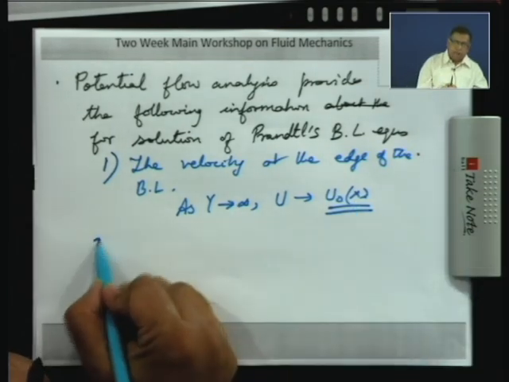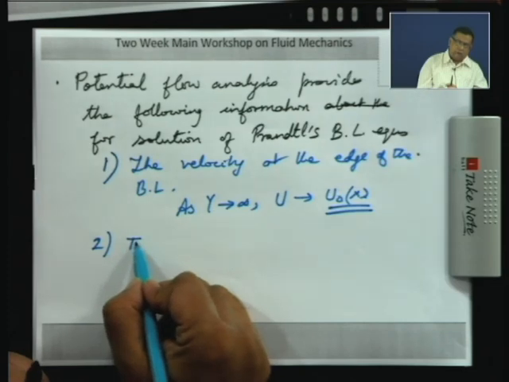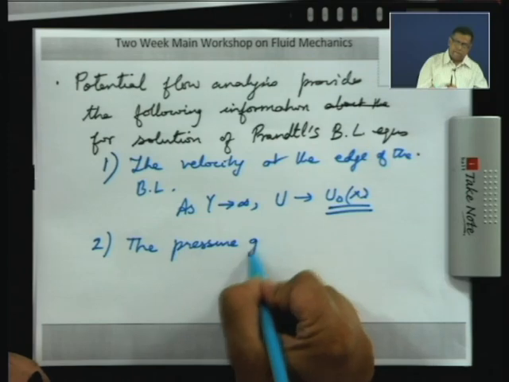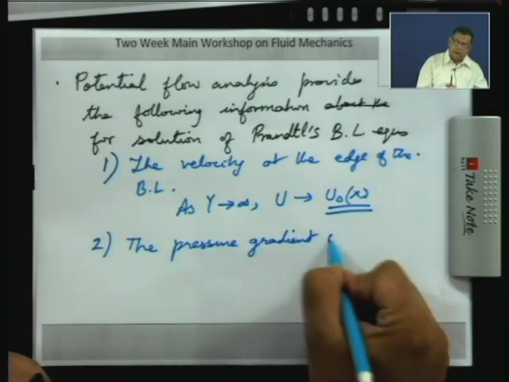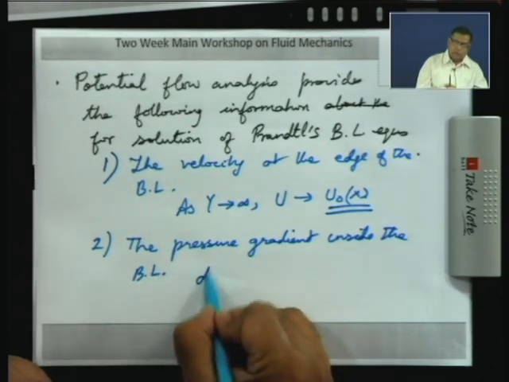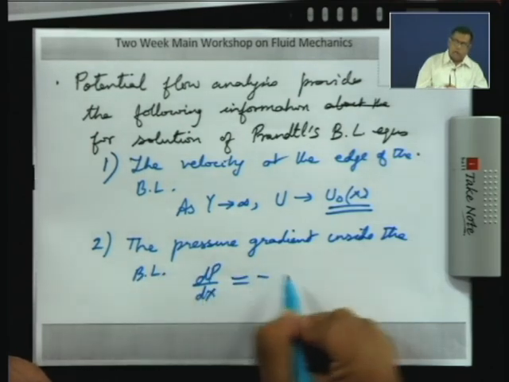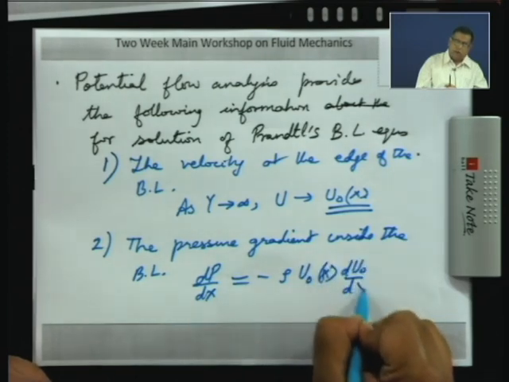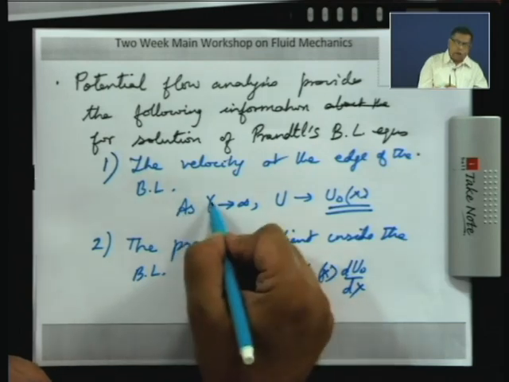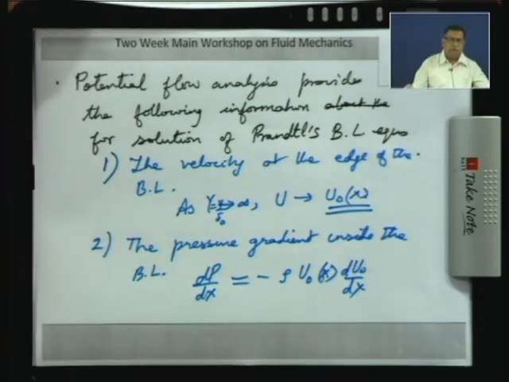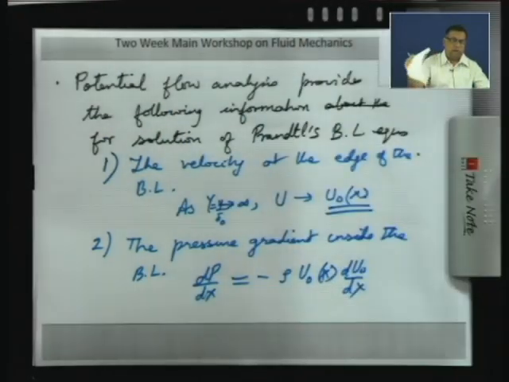The second thing it tells you is the pressure gradient inside the boundary layer. We showed that dp dx in dimensional form is minus rho u0 of x du0 dx.